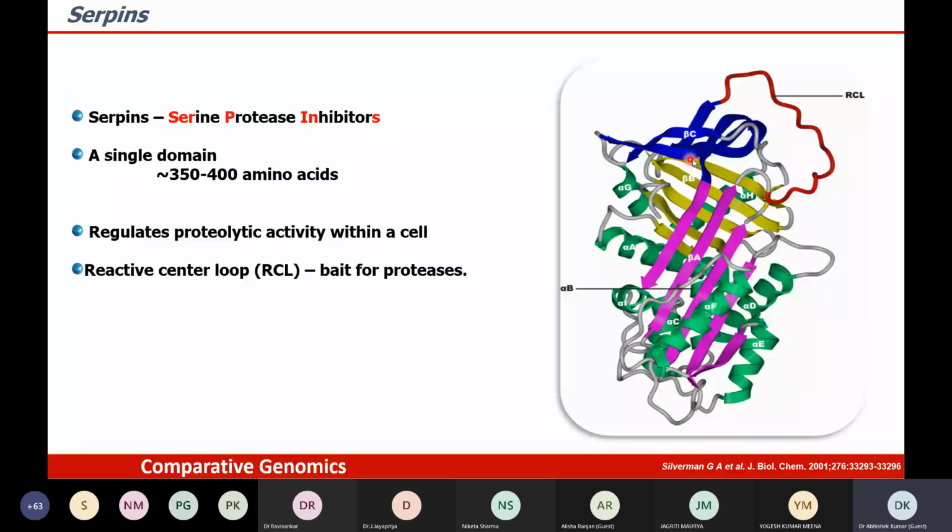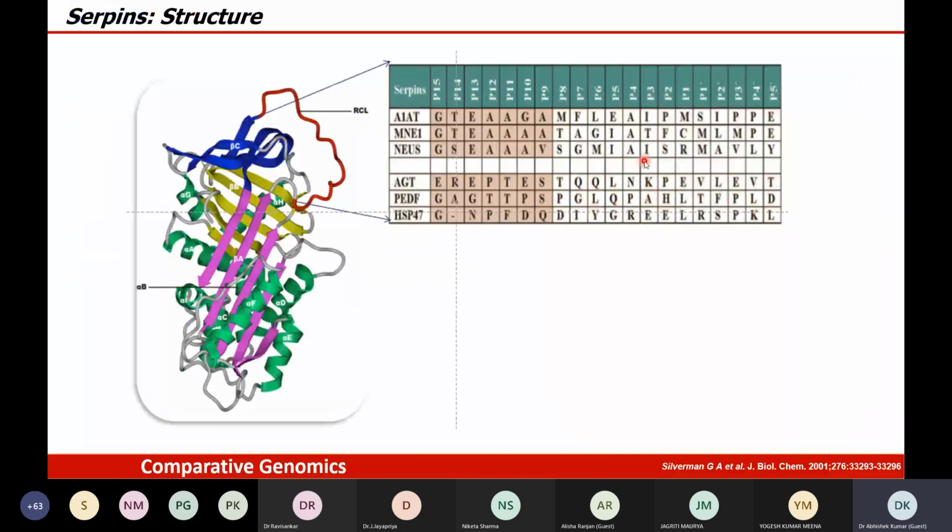In this case, the reactive center loop is the motif. Yesterday we saw it, so this motif looks like this: 20 amino acids, 5 here and 15 here, and it has conservation.